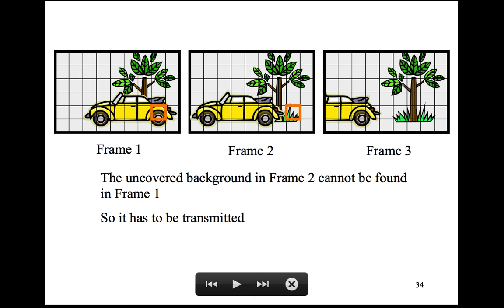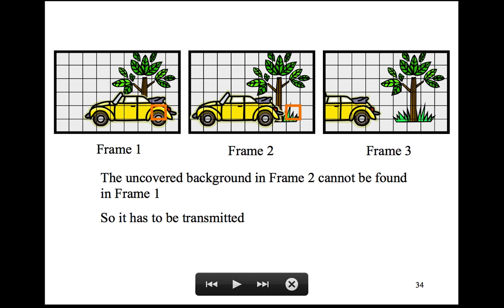However, the motion compensation isn't any good here, because it's not a question of it having moved. When parts of the car move, we can track them and reuse that information to make frame 2. And that's one of the really clever things about video compression. So even if a block moves, we can track it down and reuse it. But looking here in frame 2, it's just not there in frame 1. Nowhere in frame 1 does anything like that grass appear.